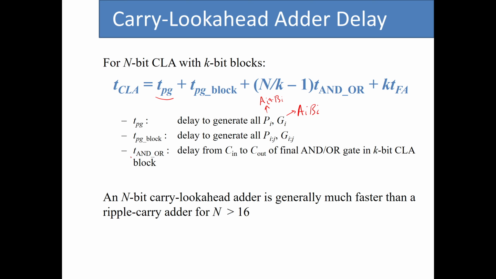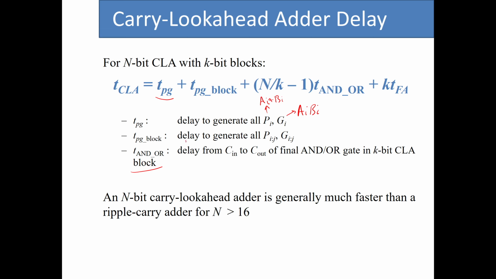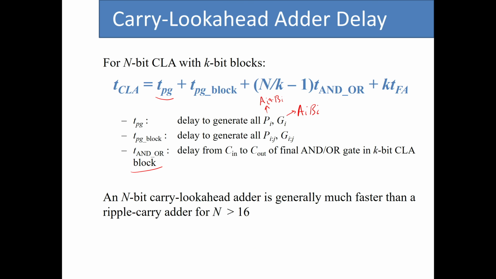And then finally we have the delay of the AND OR gate at the end. Basically it's an AND gate followed by an OR gate that is going to be added, because if you look here, we have the propagate signal being ANDed with C in and then being ORed with the generate signal to create the final value for the carry out of this stage.